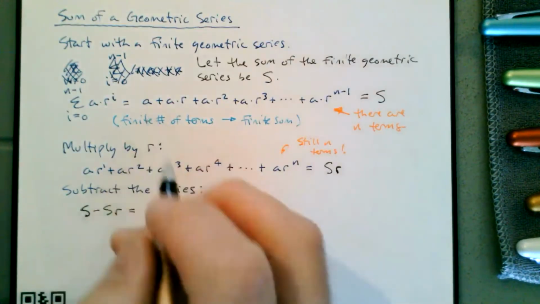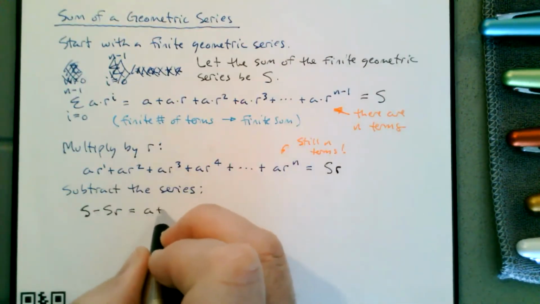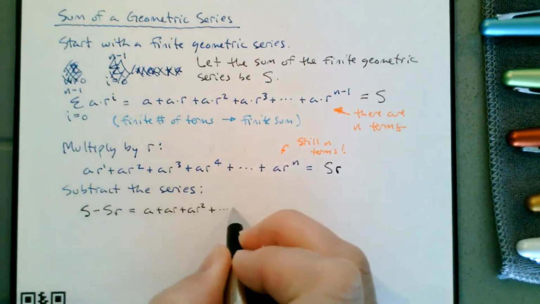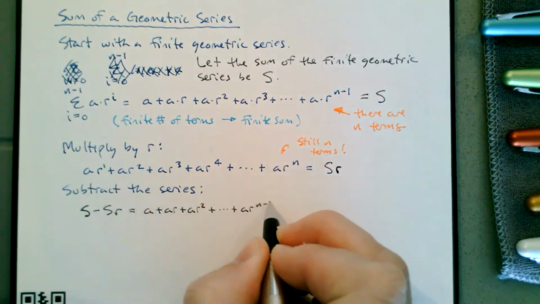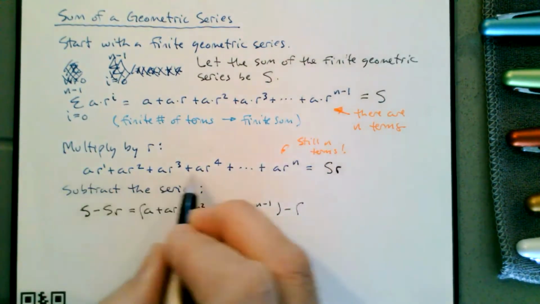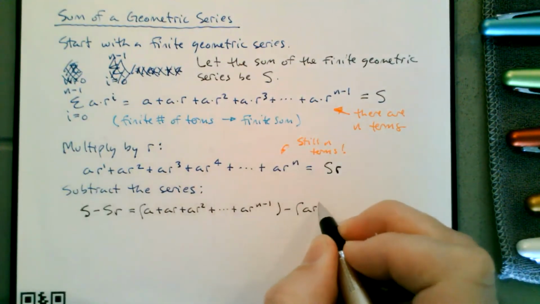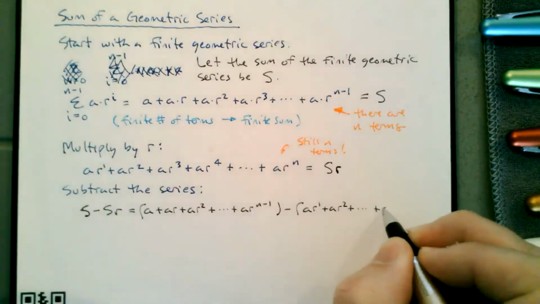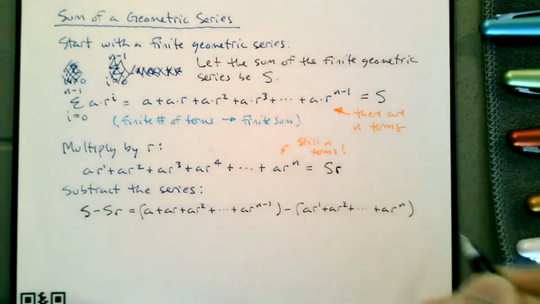So S has the terms A plus AR plus AR squared all the way out to AR to the n minus 1. And from this, we are subtracting our SR series, AR to the first plus AR squared plus all the way out to AR to the n.